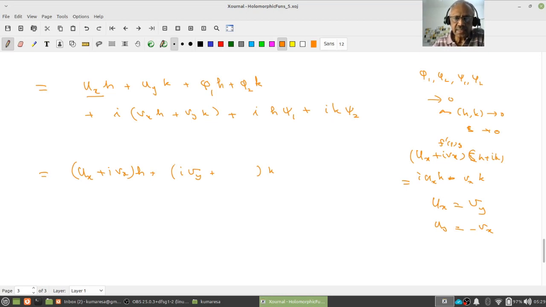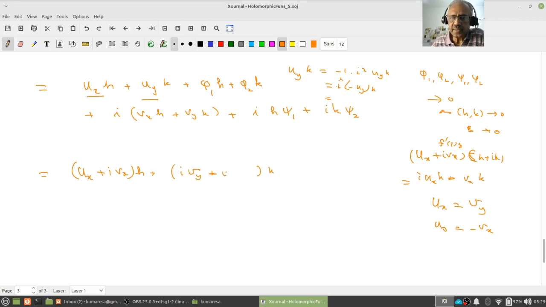This one I can write as uy into k. Let me look at uy k. This I can write as minus 1 into I squared into uy into k. Therefore it's minus I squared into minus uy into k. Therefore there is an I, right?